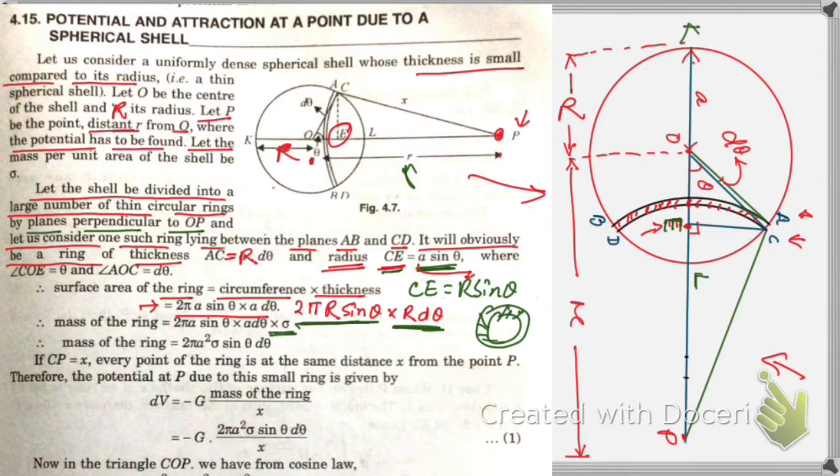So this is the density here, sigma, and let me write the expression in terms of capital R. So that's going to be 2 pi R sine theta cross R d theta into sigma, which represents the density, right?